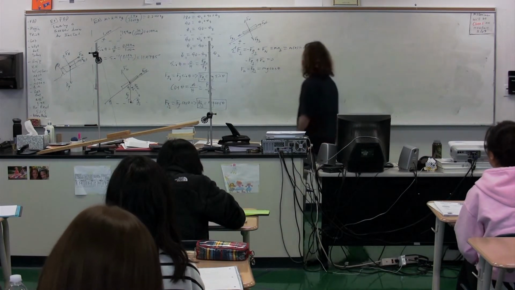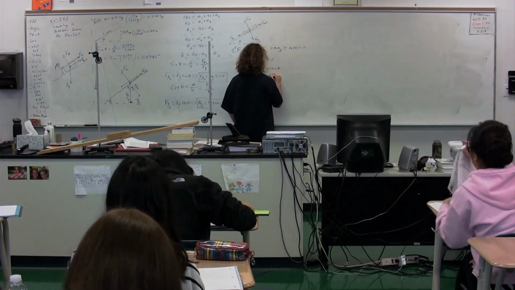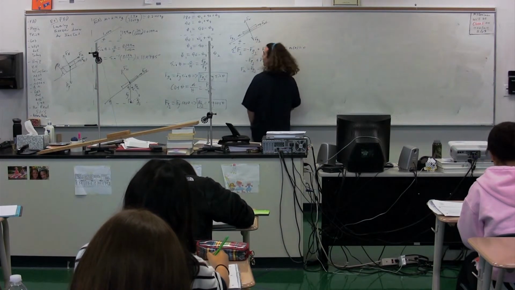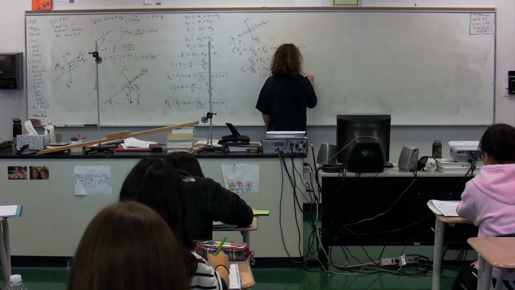We do have numbers, so we're going to plug those in at this time. So we have mass, which is 0.2142 times the acceleration due to gravity at 9.8 times the cosine of our angle, which we got to be 11.4785 degrees.